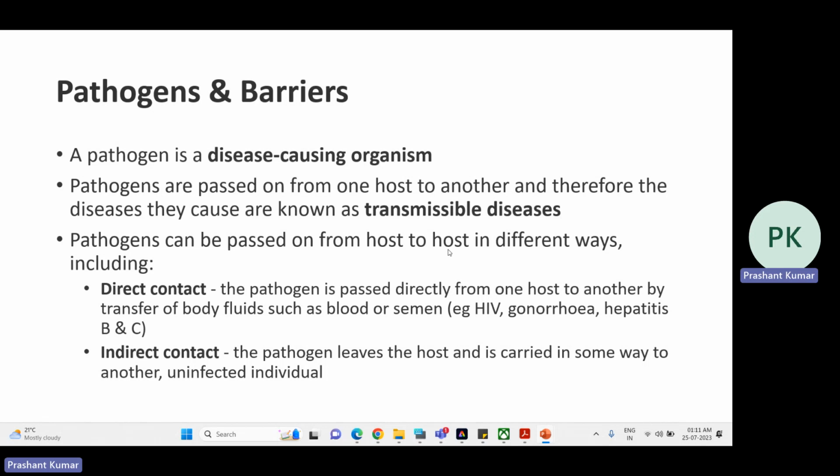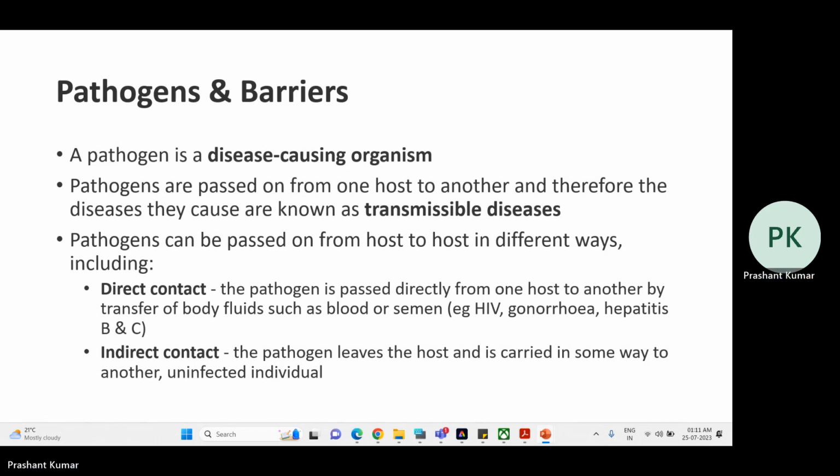Pathogens can be passed on from host to host in different ways. So first is the direct way. When we say direct way, the meaning is transfer of something from one host to another host, like blood or semen, right? An example is the HIV virus, right?